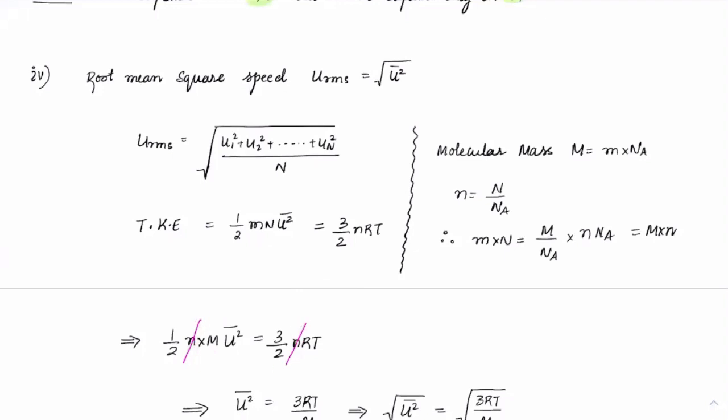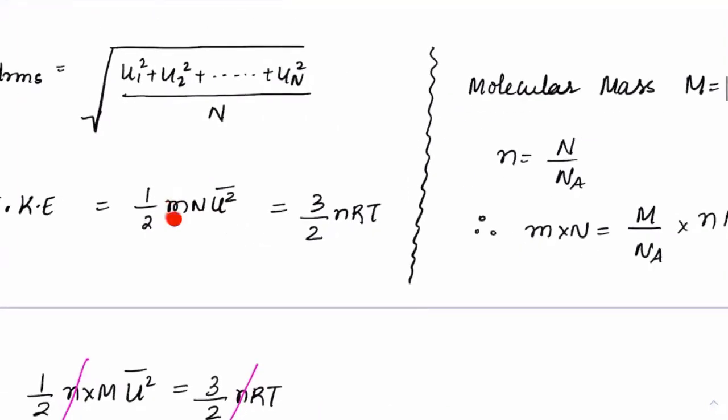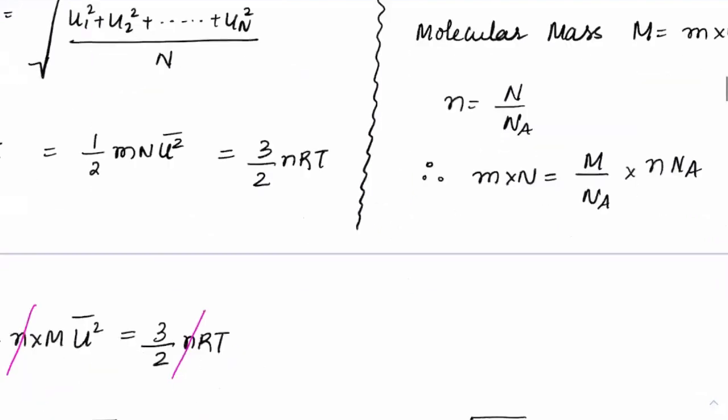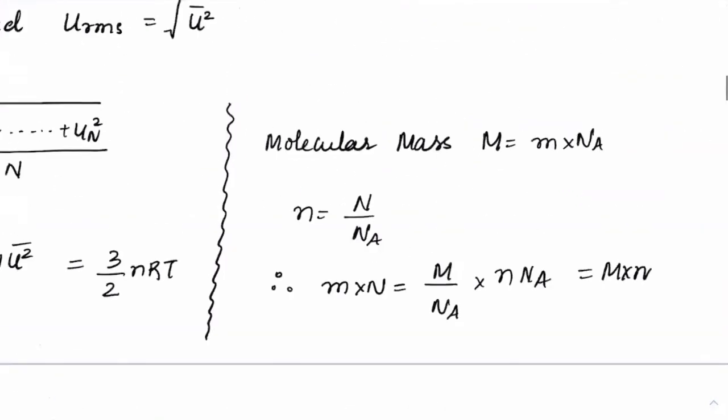And another important thing is this m into n which is there. This m is the mass of a single particle. N is the total number of particles. Got it? So using this relation, we can get this. I hope you understand this. M into n can be replaced as m by Na into n into Na, which is M into n.